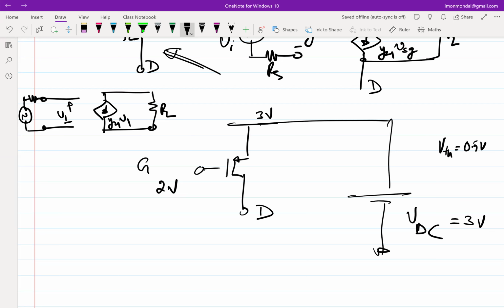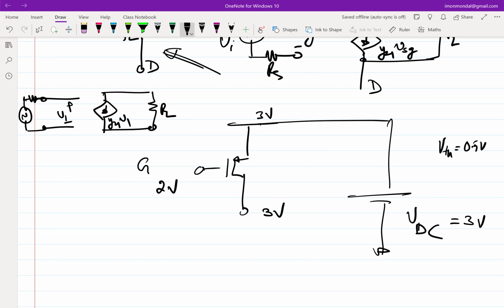First, you have to understand whether we are looking for a maximum or a minimum for the drain voltage. So let's say drain voltage is 3 volt. Do you think the transistor is in linear region? It's in linear region, right?